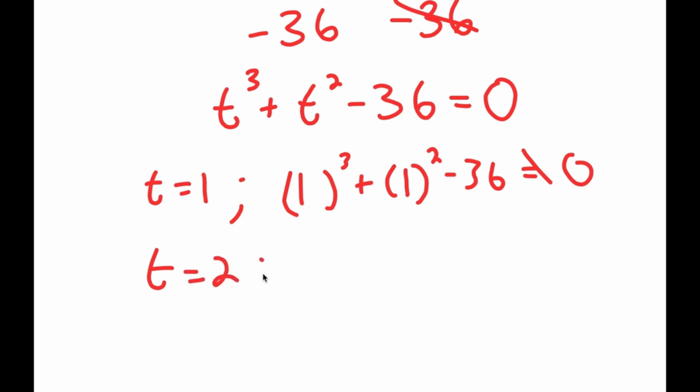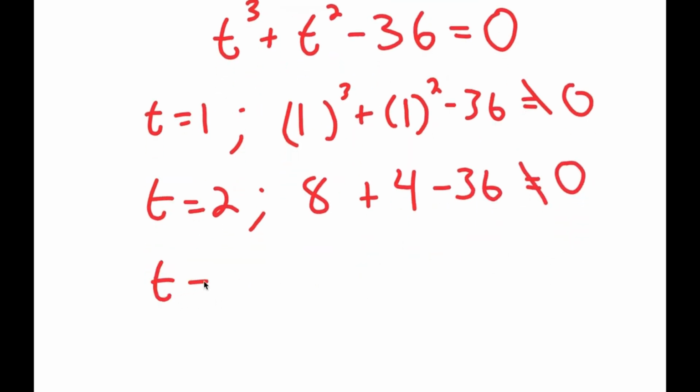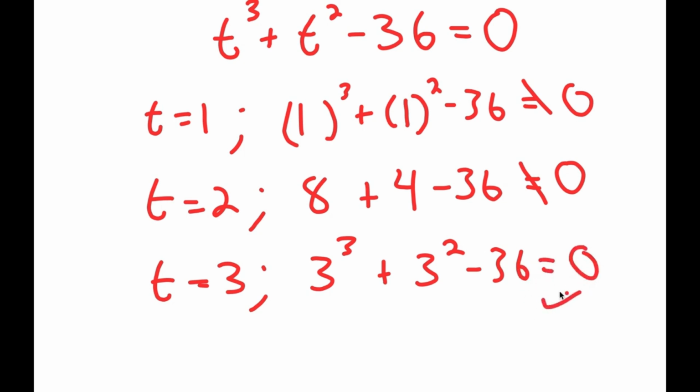If t equals 2, I get 2 to the power of 3, which is 8, plus 2 squared, which is 4, minus 36, which again does not equal 0. Now if t equals 3, I get 3 to the power of 3 plus 3 squared minus 36, which does equal 0. So t equals 3 is a solution to the equation.